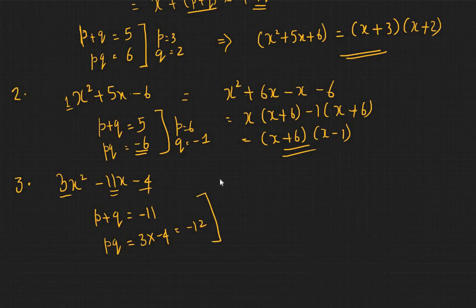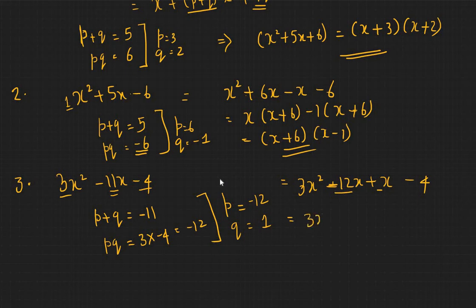Which implies your p would be equal to minus 12, and q would be equal to 1. So you can write this as 3x squared minus 12x plus x minus 4. So this is your p and this is your q, which is 1.